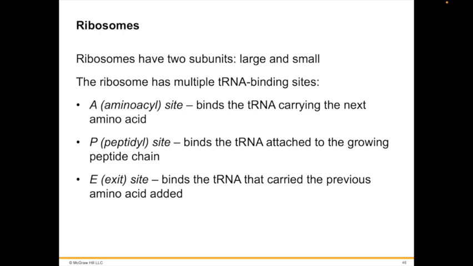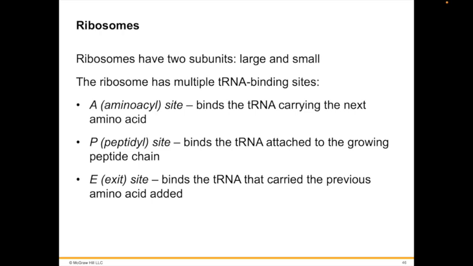Details of the process by which the two ribosome subunits are assembled during initiation are described shortly. For the ribosome to function, it must be able to bind to at least two charged tRNAs at once so that the peptide bond can be formed between their amino acids.